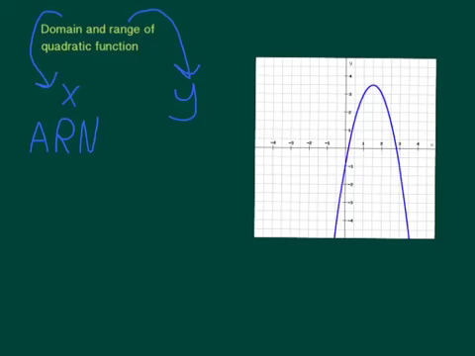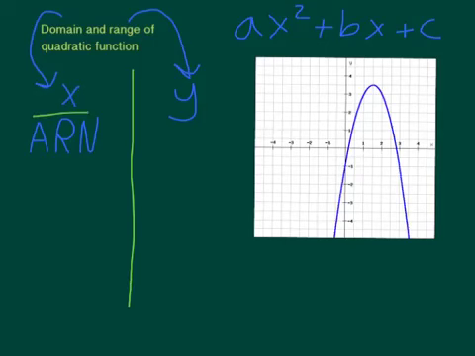Remember that a quadratic function is something like ax squared plus bx plus c. Now my range is not all real numbers. My range are all the values of y that this function takes on. I can see that if I'm up here, this function does not cross these y's.